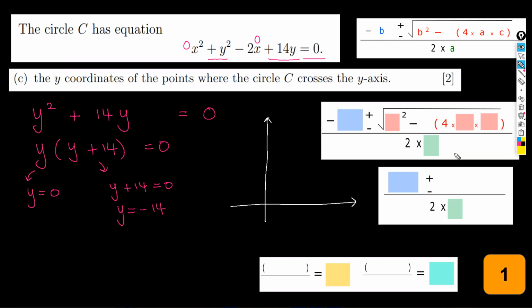So that means apparently I had a circle like this. Remember, this is the y-axis. And apparently, it cut the y-axis at two points. Oops, sorry, I did that a little bit wrong. We'll draw that a little bit better.